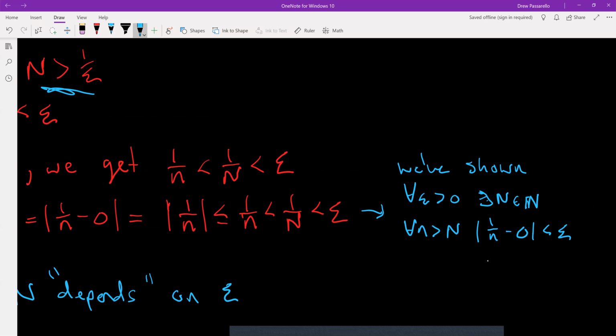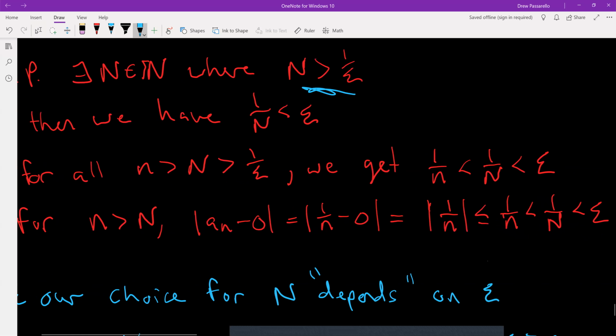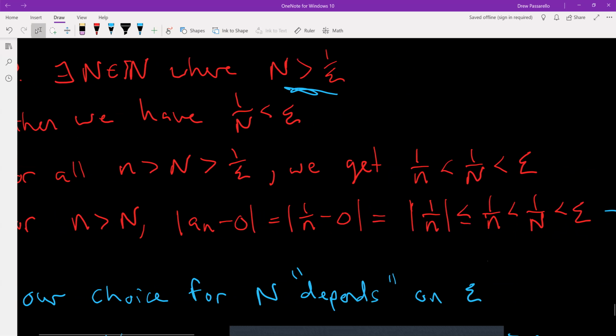All right, that's what we've shown. Again, the n's are the index for the terms, in which the terms themselves are within epsilon distance of the limit, 0. And we had to use the Archimedean principle to find this capital N.